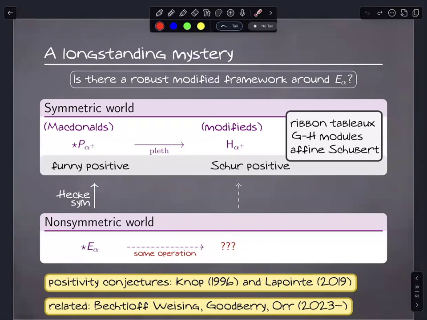Early on, as I said, it was understood that you have to look at stable versions of this object on the left. I'll say a little more later. That's a lot of what their work has been, and they've been doing a lot of great stuff recently. Okay, so that's kind of where it was. And again, we're interested in this.